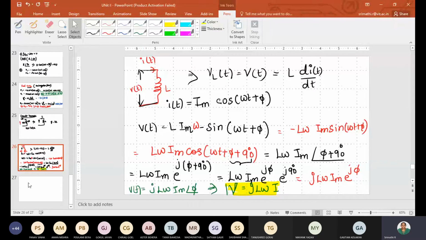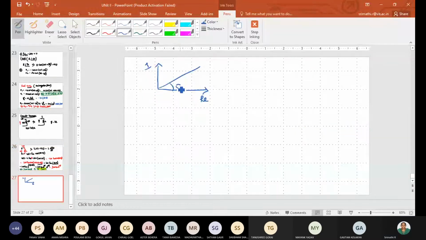I will be leading? So I is at an angle of phi.